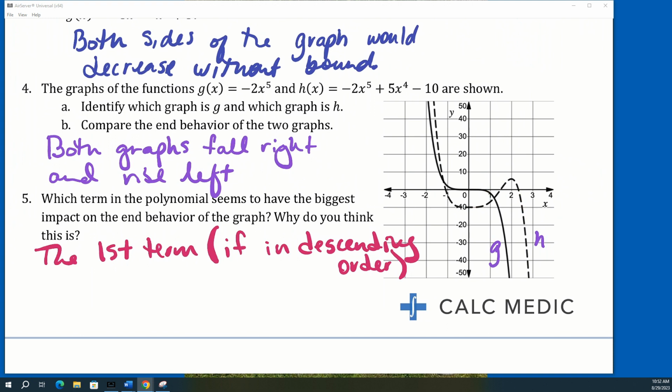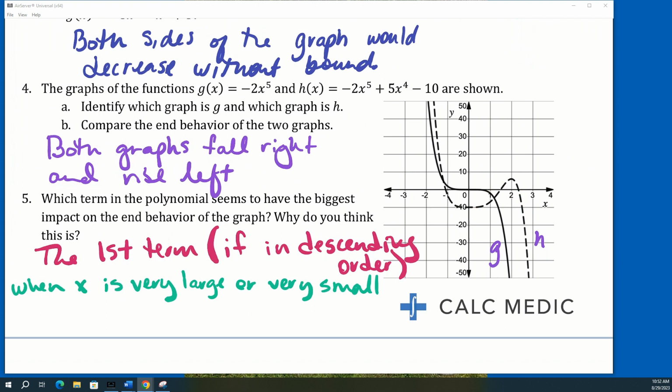All right, so I'm going to find a way to word that with fewer words. So we're going to say when x is very large or very small, and you raise that to a power, the biggest power is going to overpower.